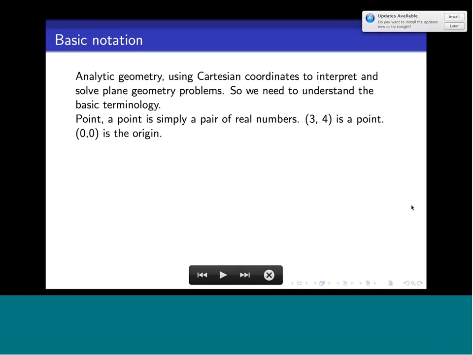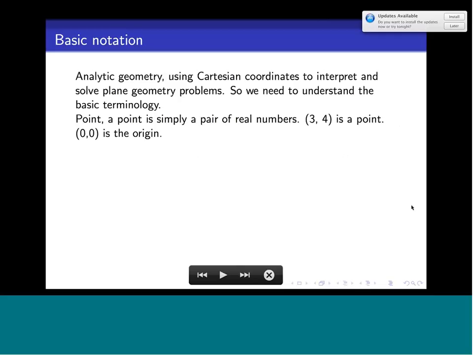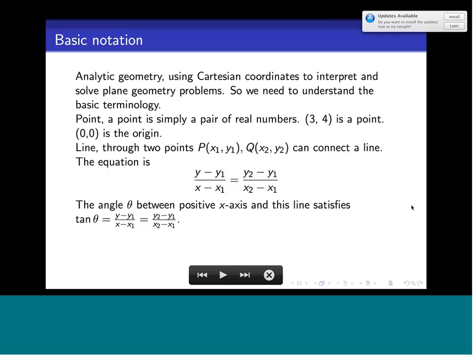So terminology. We already know the point. We already know the line. Given 2 points, x1, y1 and x2, y2, we can connect a line. The equation of that line we just had, given in the determinant.